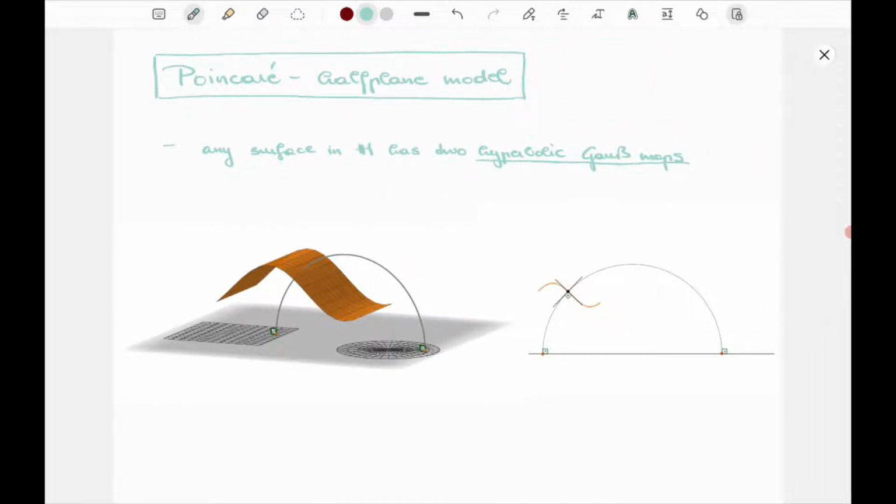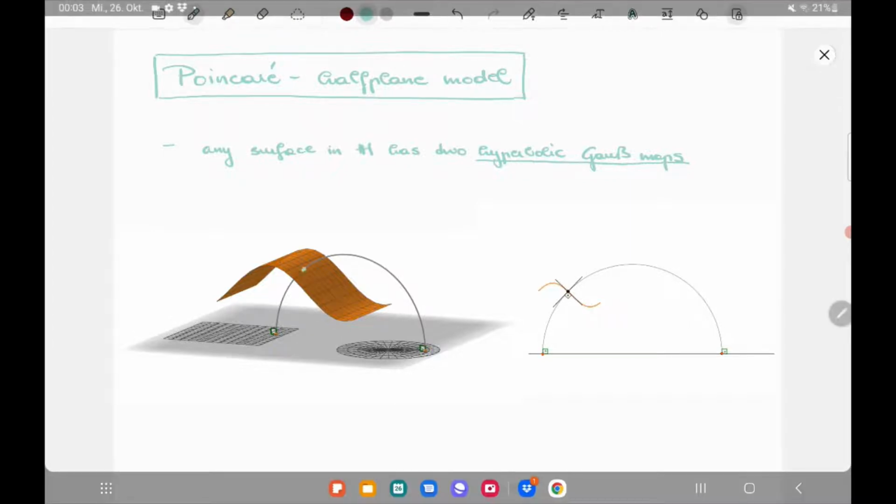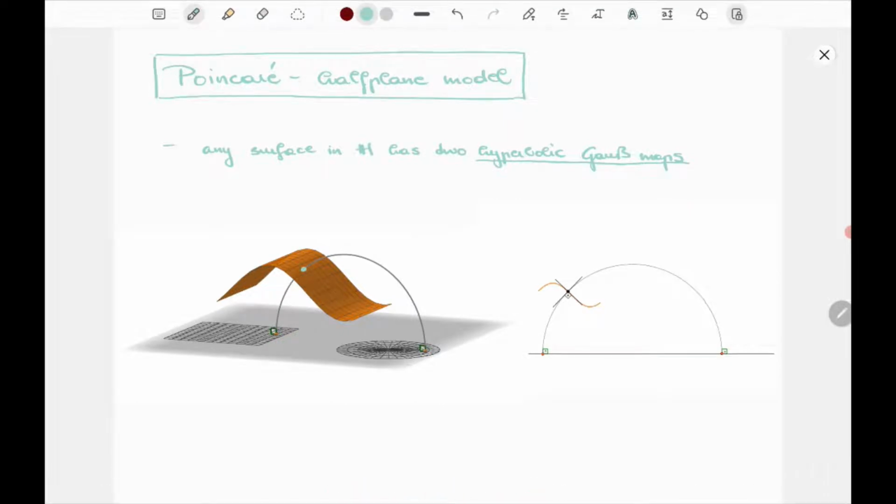Any surface in hyperbolic space comes with two hyperbolic Gauss maps, and in our model those hyperbolic Gauss maps can be easily constructed via the following geometric method. Namely, we first consider a point on the surface and then construct the unique geodesic that intersects the surface in that point orthogonally.